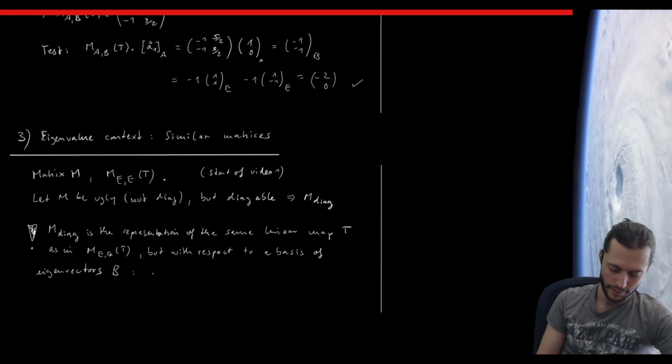So M_diag is not just anything, but it's really a matrix M_BB acting between the eigenvector basis B and itself, representing the same T as M_EE up here.